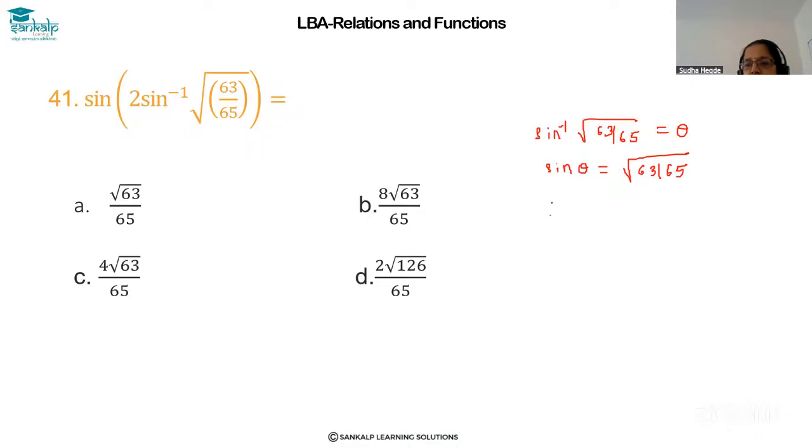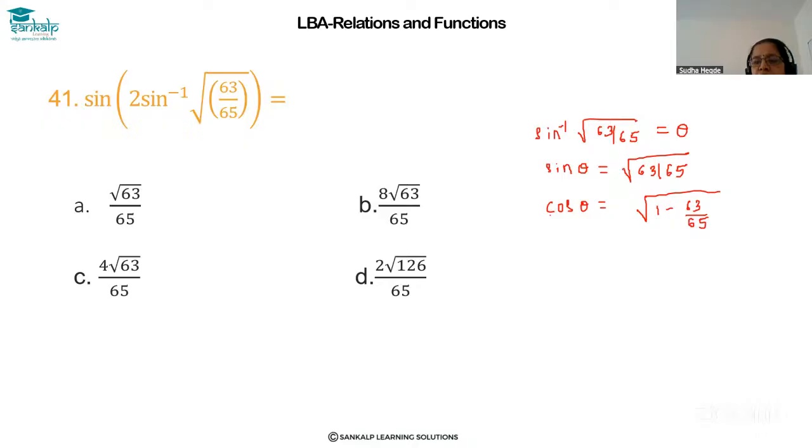Now find cos theta. Cos theta is equal to square root of 1 minus sin square theta.